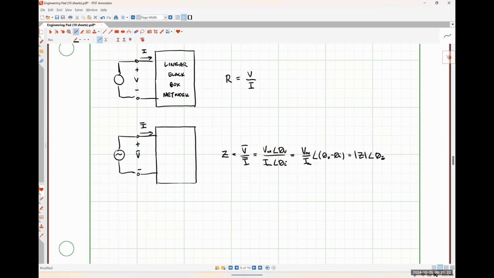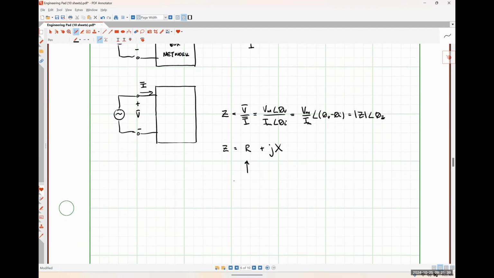In rectangular form, what we have is R plus jX, where R, the real part, is the resistance, and X, the imaginary part, is what we call our reactance.